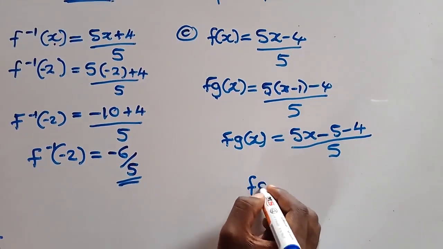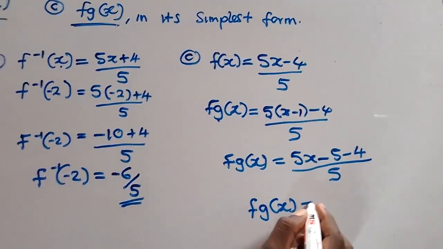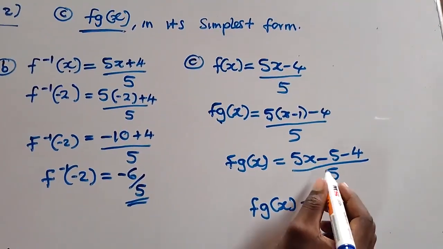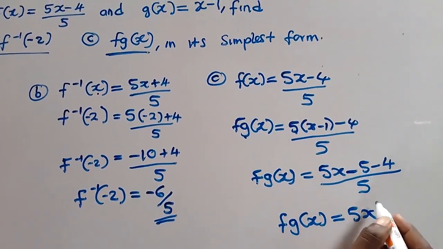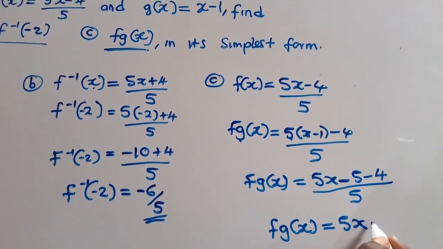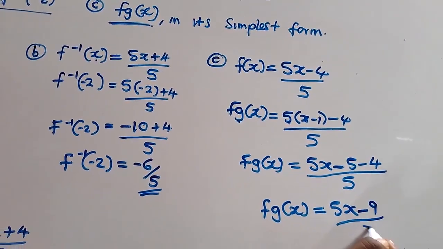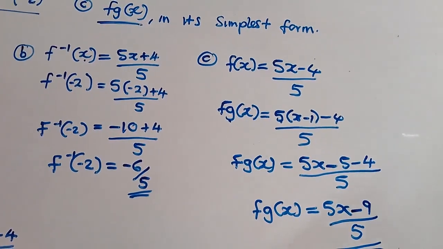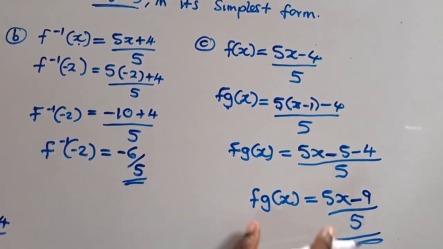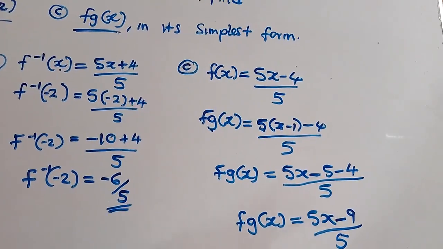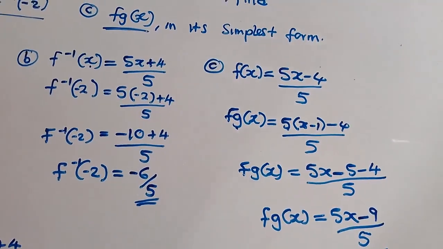So fg of x is equal to 5x minus 5 minus 4, over 5. So that's 5x, negative 5 minus 4. Same signs you add, then maintain the sign. So it's negative 9 over 5. This is your answer for that composite function. So make sure we understand here.